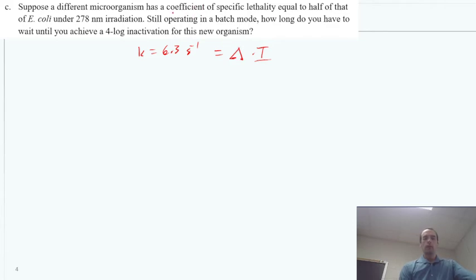So it said the new organism has a coefficient of specific lethality equal to half of that under the 278. So that means the intensity stayed the same. We didn't change the light. We just halved some part of this. So we'll say K new then would be 1/2 times whatever was there before, right?